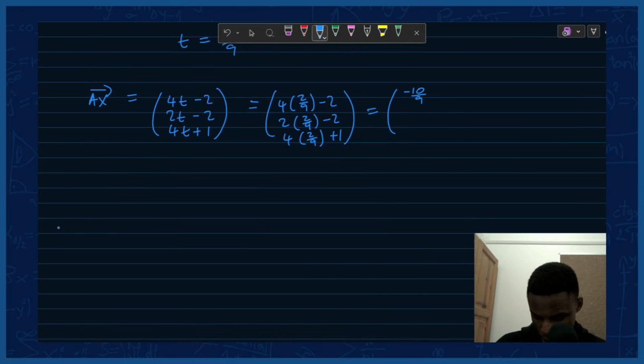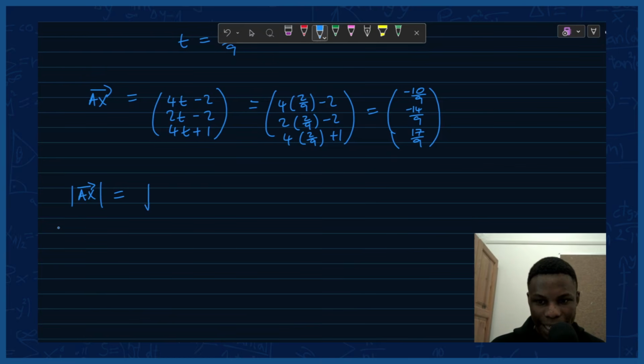And then 2 times 2 over 9 minus 2, that's minus 14 over 9. And then 4 times 2 over 9 plus 1, that's 17 over 9. So that's AX, and we need to find the magnitude of AX, or the distance.